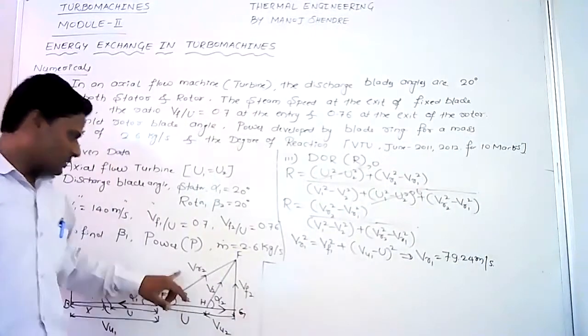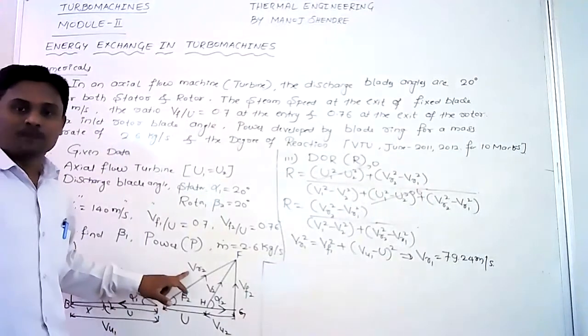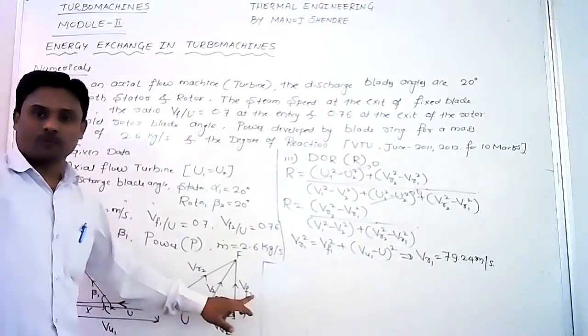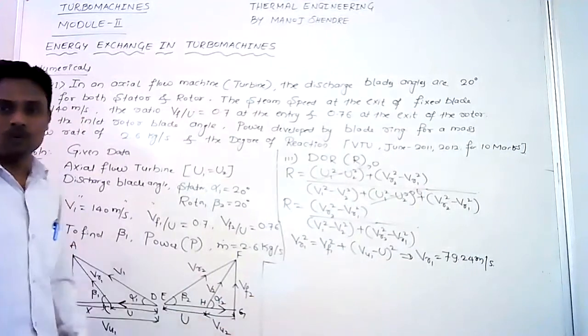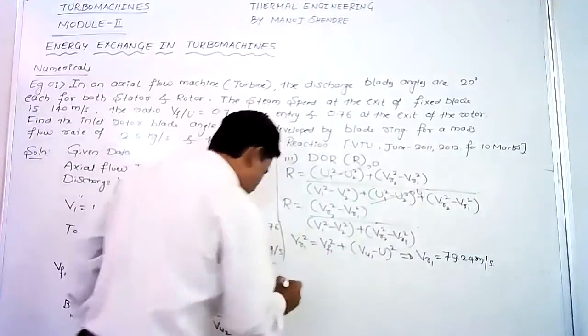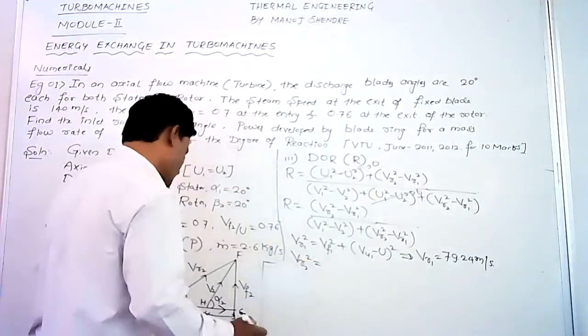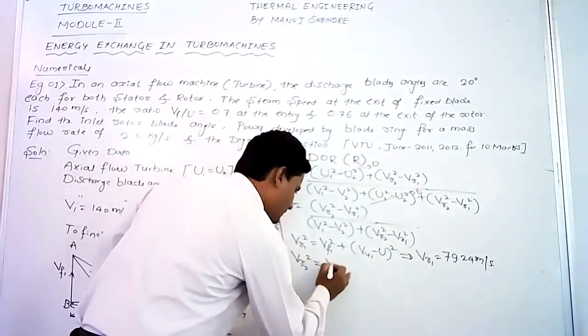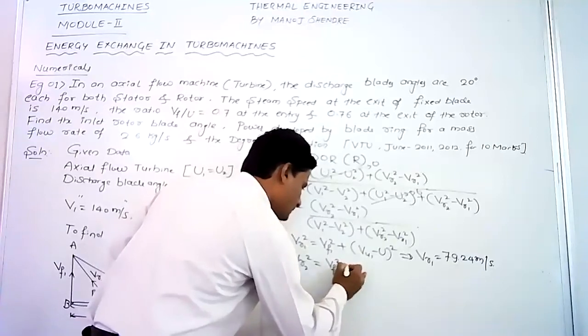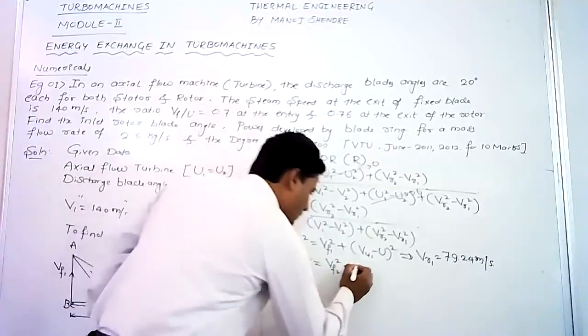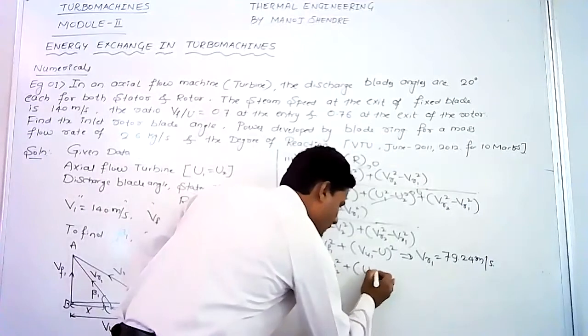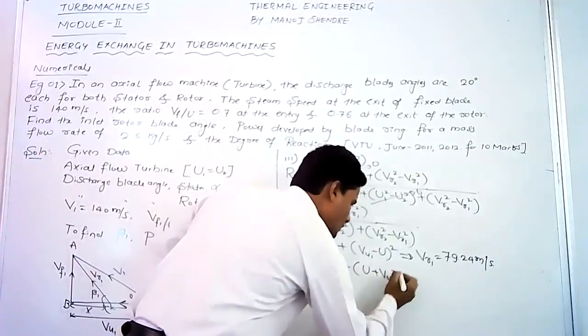Similarly, you know the value of U, you know the value of VU2, you know the value of VF2. So use the Pythagoras theorem here as well. VR2 square equals VF2 square plus U plus VU2 whole square.